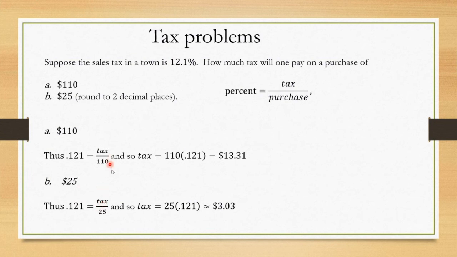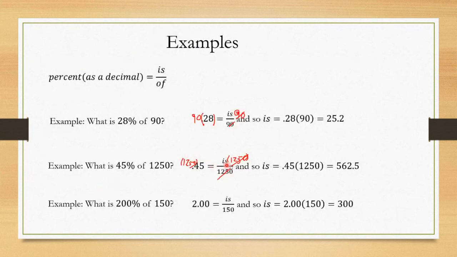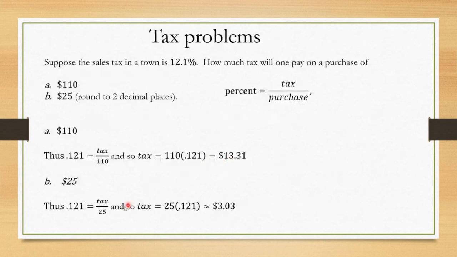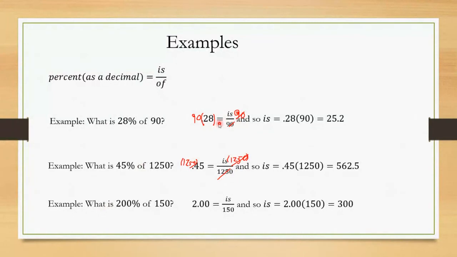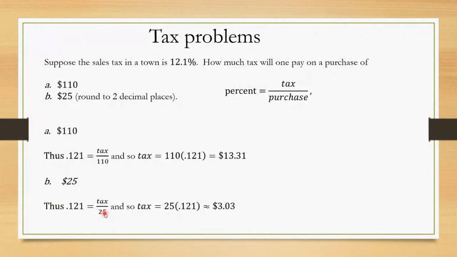Then you want to figure out what the tax is. It's just like what we did over here. You cross multiply. Well, what you can do is you multiply both sides by 25. Kind of like over here where I multiplied both sides by 90 to get the 90 out of here. Here I multiplied both sides by 1,250, right, to get the denominator away. Here I multiply both sides by 25. Doing so, we get the tax equals this, which is about $3.03.